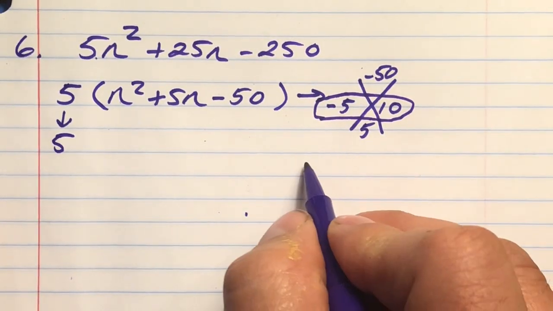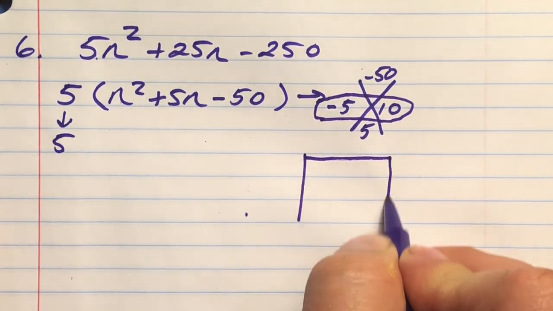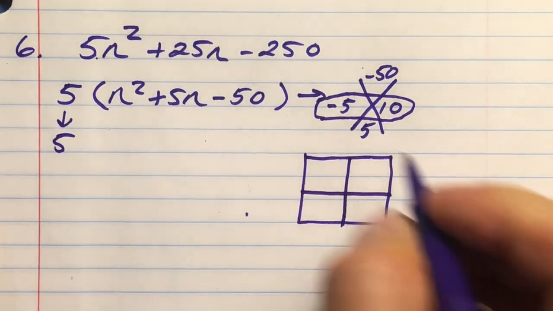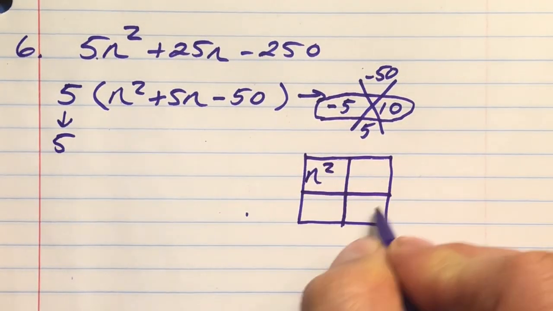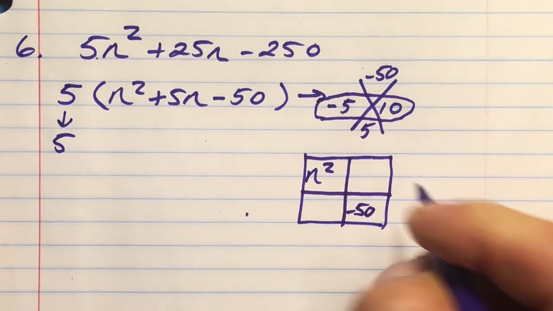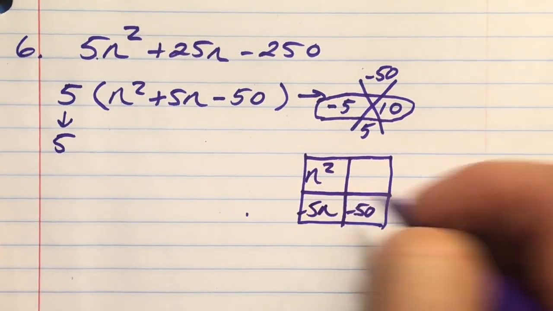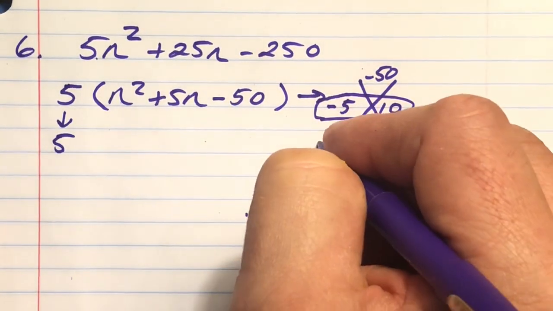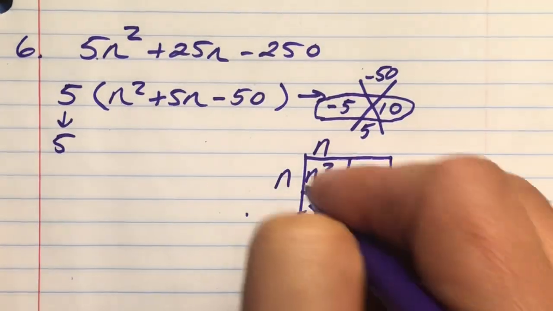All right, let me use the box. Okay, so I've got n squared, negative 50, negative 5n, and 10. All right, so I've got n and n.